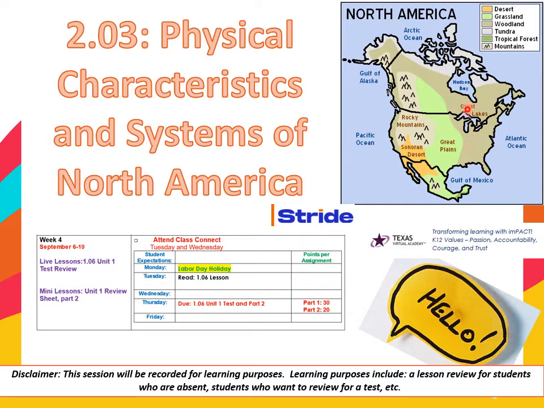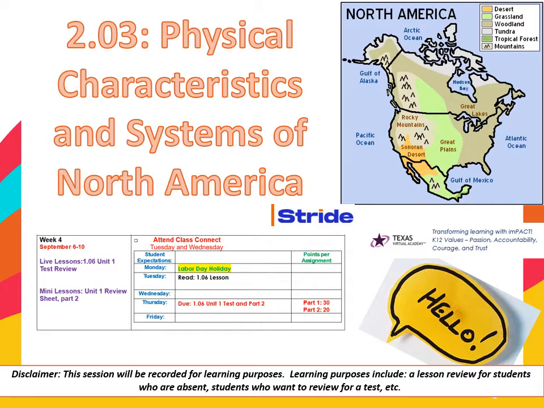Going up into Canada, we've got grasslands, woodlands, tundra. Tundra you're going to find up in the northern parts of Canada and into Alaska. And tropical forests, you're going to find them along the southern part of Mexico and the border with Nicaragua.